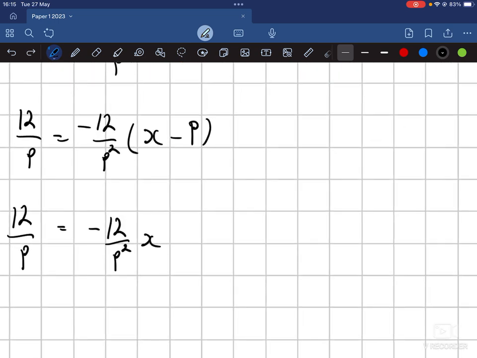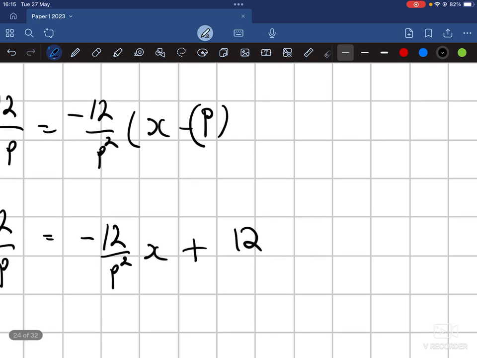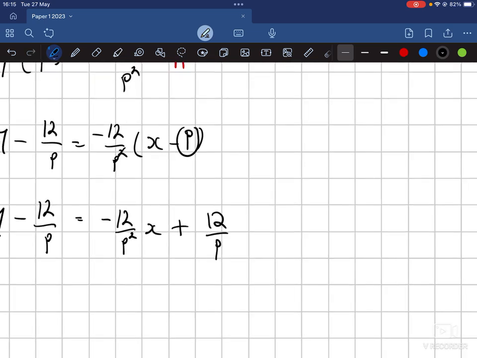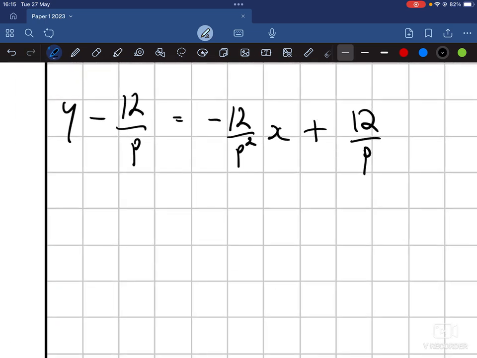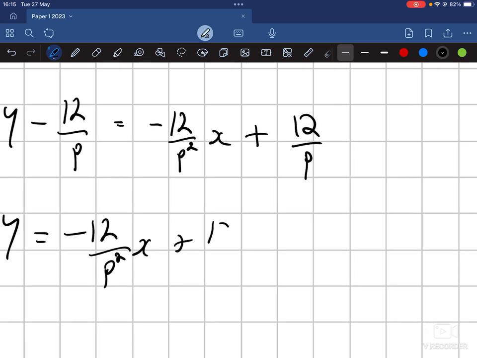Now for the next one, minus by minus is going to give us a plus, so it's going to become plus 12. And since this p is up here, and we have p squared down here, that p is going to cancel with the squared. So we just get left with 12 over p. Now we move the other 12 over p over, so we get this x plus 12 over p plus 12 over p.